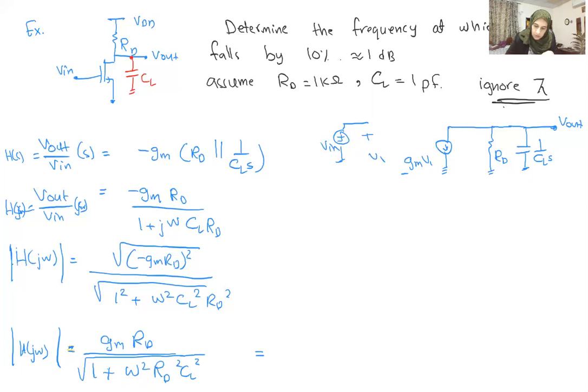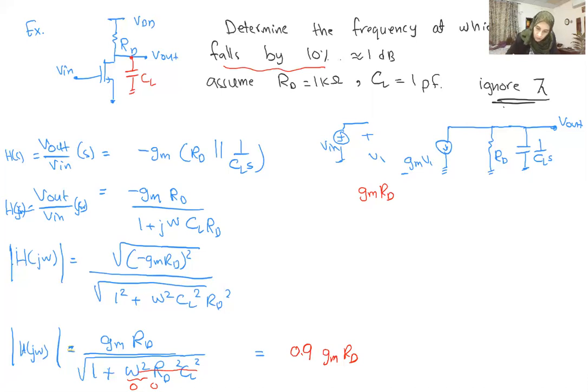So when the input is DC, meaning zero frequency, you can see that your denominator becomes the minimum value, and the maximum gain that we can get is GM RD, because this is all zero, and GM RD divided by 1 is equal to GM RD. So when this becomes 0.9 of the GM RD, when it falls by 10%, meaning it becomes 90% of it, which is 90 over 100, it becomes 0.9.